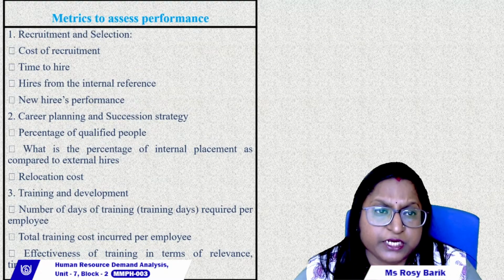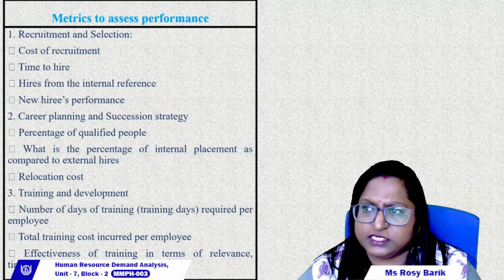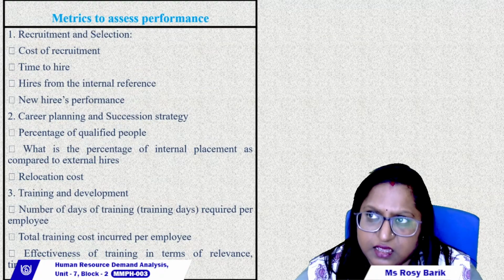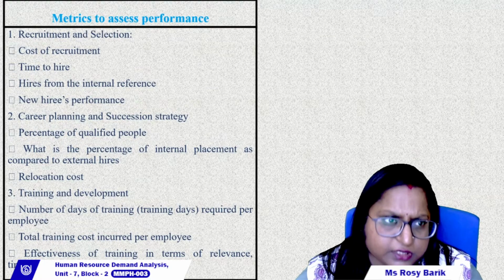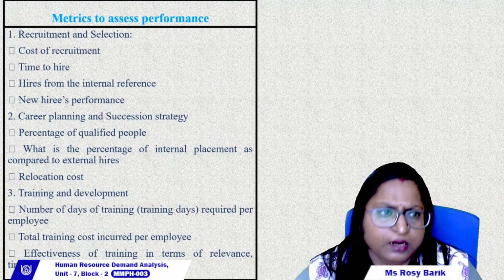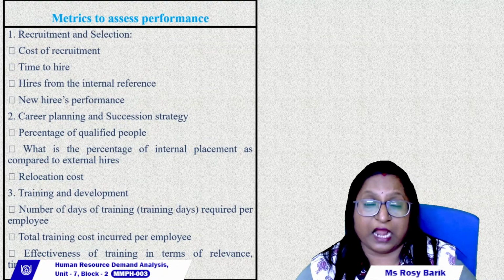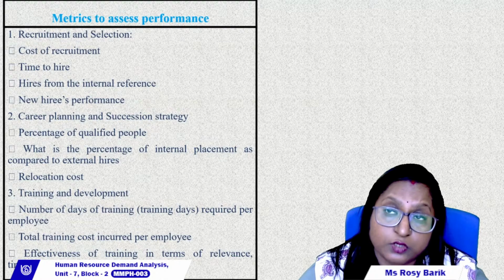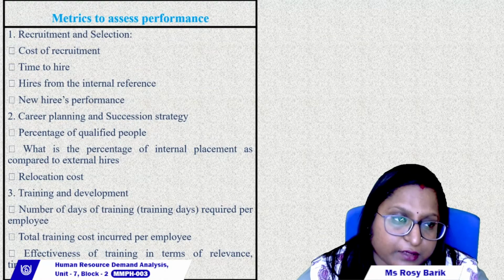Hires from internal references: if an employee is working in the organization and there is a vacancy, the internal employee can give the reference of another person and recruitment can be done. Or the recruitment advertisement can be provided to other media or sources so that new hiring can be done.